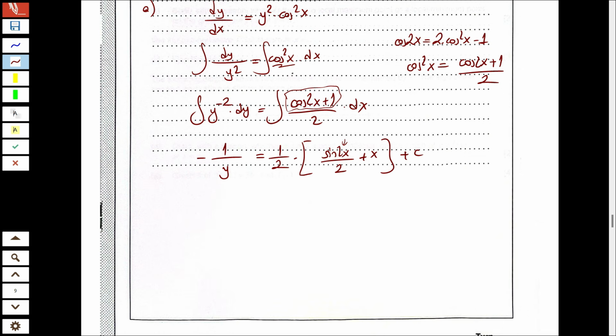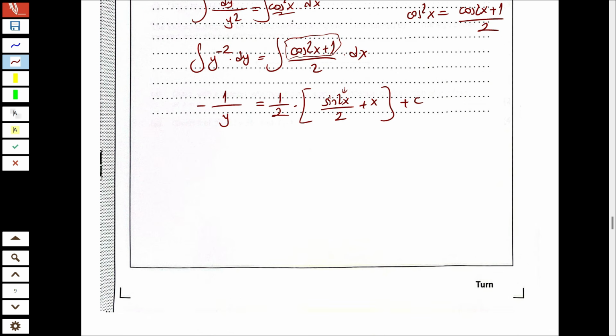That's it, I guess, right? So when you simplify this equation, you will see sine 2x divided by 4 plus x over 2. You can also write the constant c directly because it's not going to change anything if you multiply it by any real value. It will again be c.